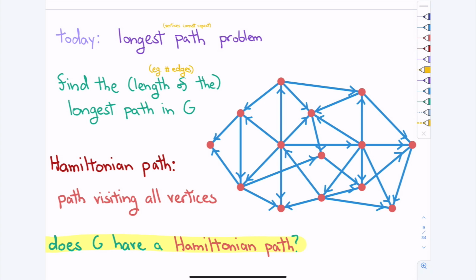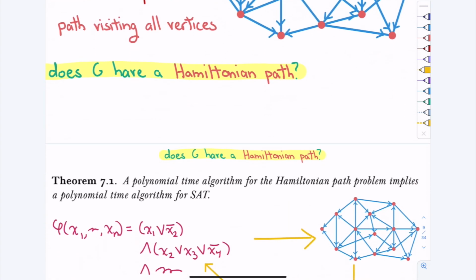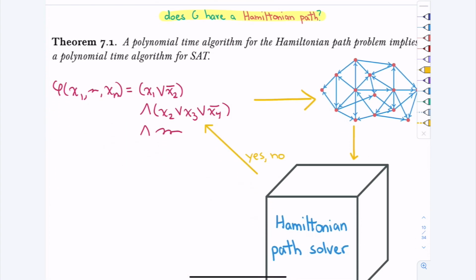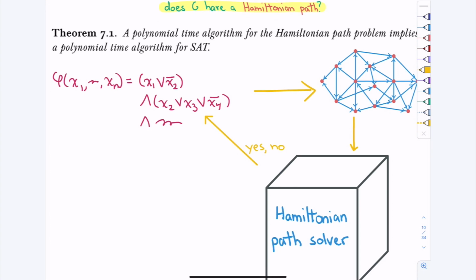And so this one is going to turn out to be hard. So we're going to show that a polynomial time algorithm for deciding if there is a Hamiltonian path will allow you to solve SAT problems.